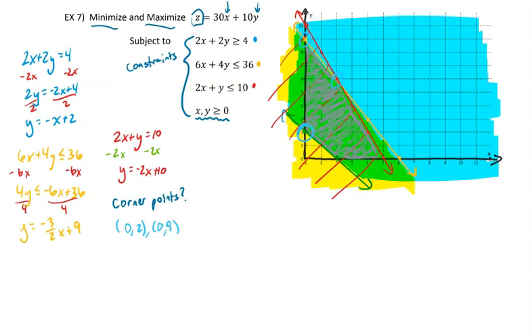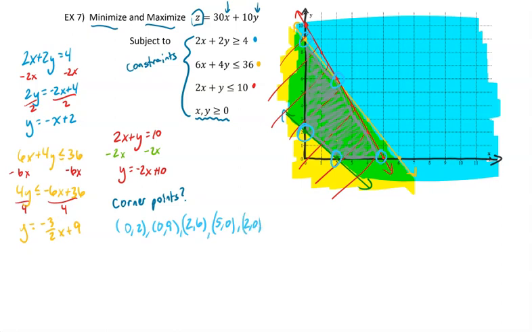This one's a little harder to see, but (2, 6) is a corner point, because even though it just barely changes, there definitely is a corner there. Then (5, 0) and (2, 0).